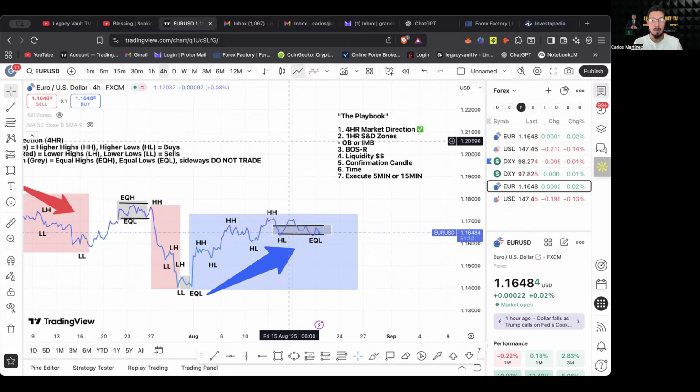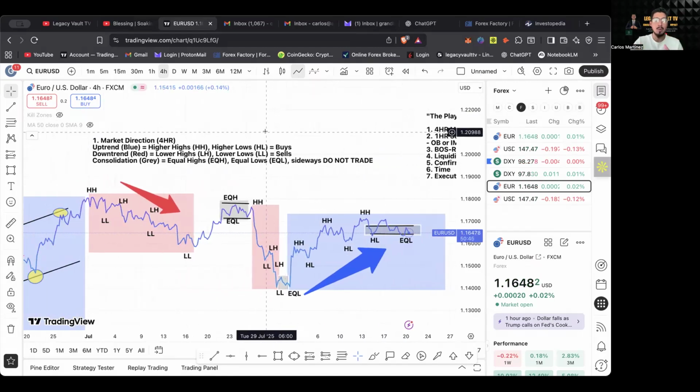Basketball, they have a playbook. Football, they have a playbook. Before they call out a play, they go over the playbook and they look at the next play before they execute. So you as a trader, you want to get this playbook down step by step.